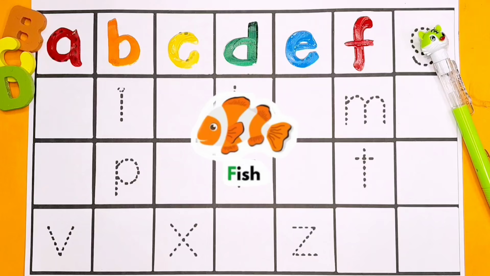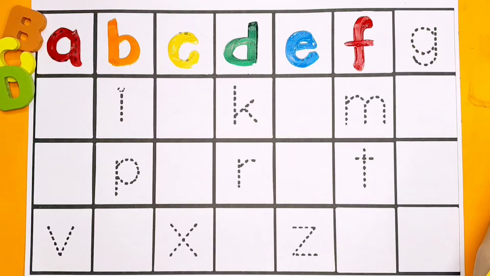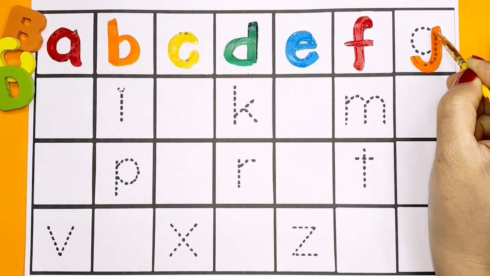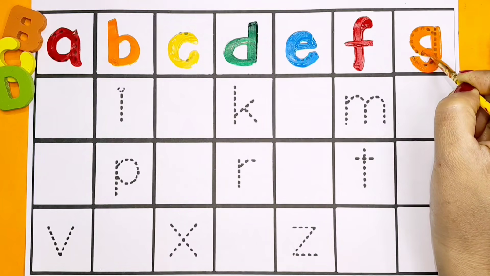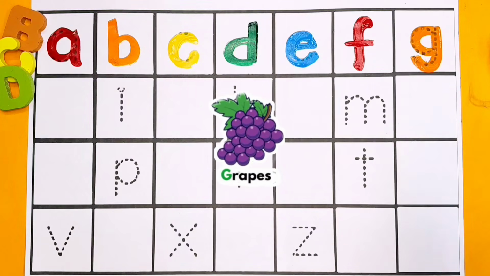F for fish. Orange color. G. G for grapes. G for grapes.